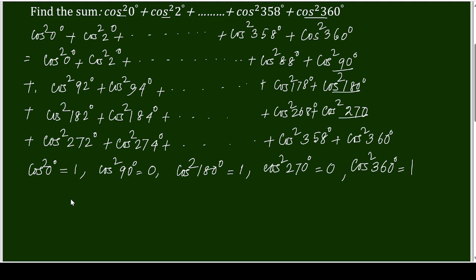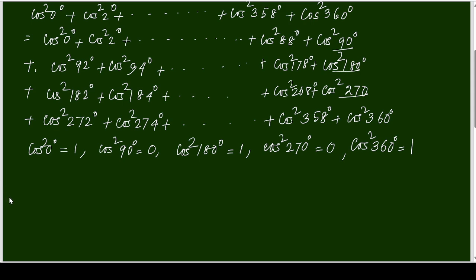Coming to the first series, I'll apply cos 90 minus theta equals sin theta, and cos square theta plus sin square theta equals 1.